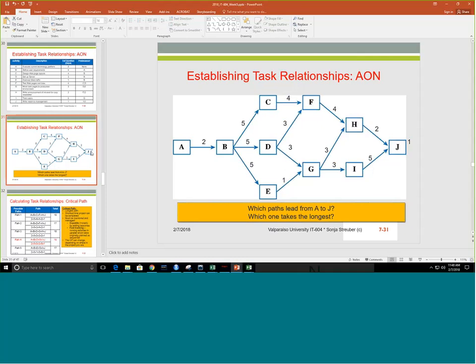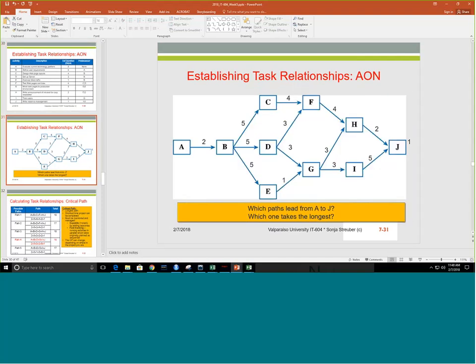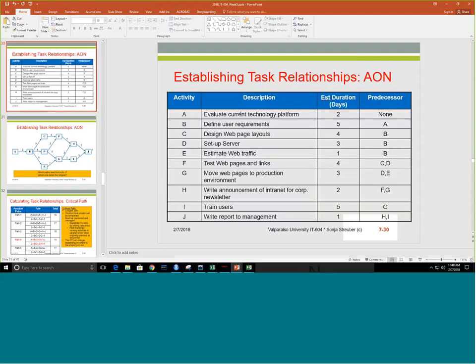The next thing we want to look at is testing web pages and links. The predecessors are C and D, and the estimated duration is 4 days. So F is connected to C and D. Then we have G, moving the web pages to production environment.